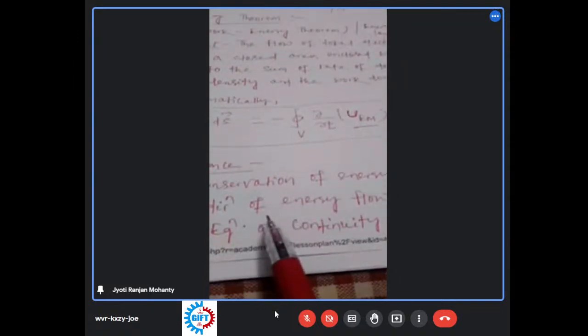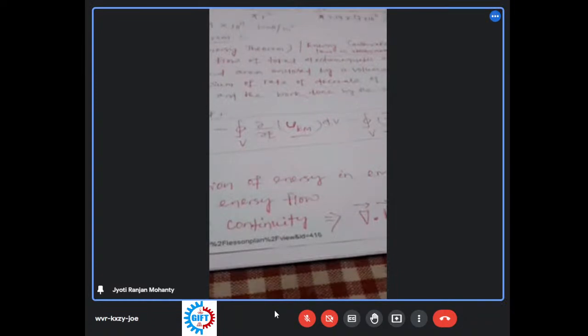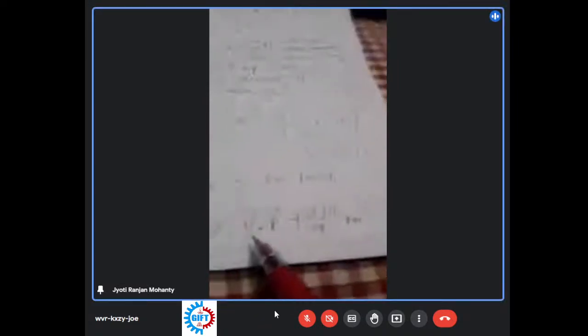Ruturaj, second point. It gives the direction of energy flow. On which direction the electromagnetic energy flows? What is the third point? It defines the equation of continuity. What is that equation of continuity?